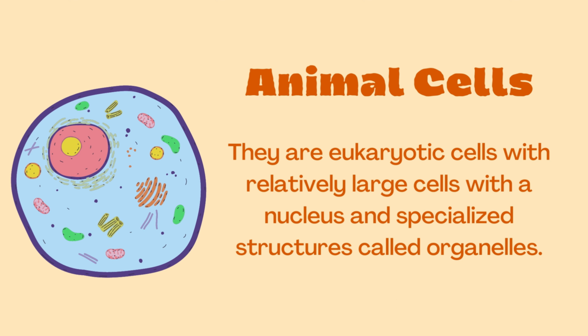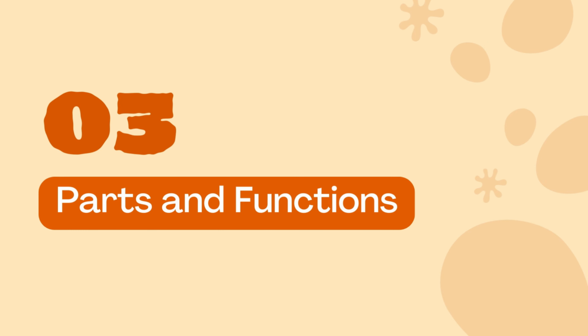But these animal cells have a defined nucleus, which says that they are eukaryotic cells. Their structures, the organelles, perform various functions which we would be learning later in this video. So let's know about the parts and functions of the animal cell.